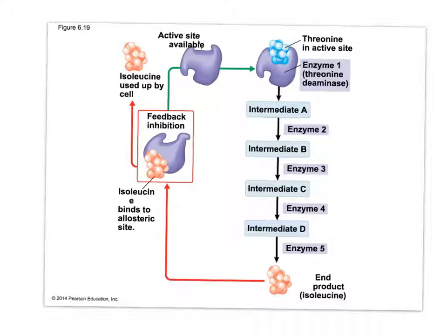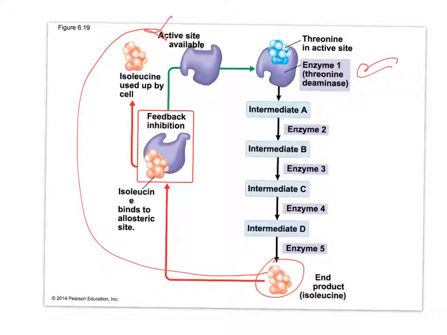So here's isoleucine down here, and it feeds back to the initial enzyme, and it's going to inhibit it. Okay? So if I have a lot of isoleucine, whatever's in excess is going to be bound to the enzyme and prevent production of more. Right?